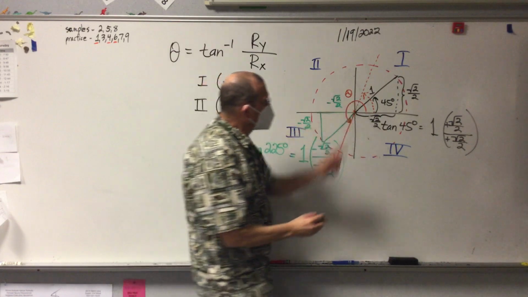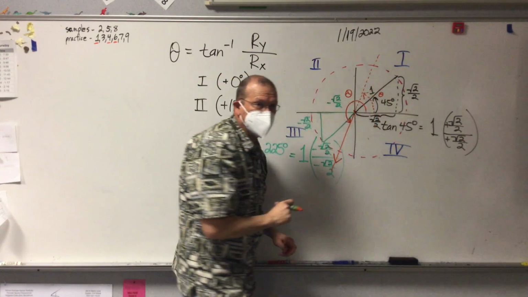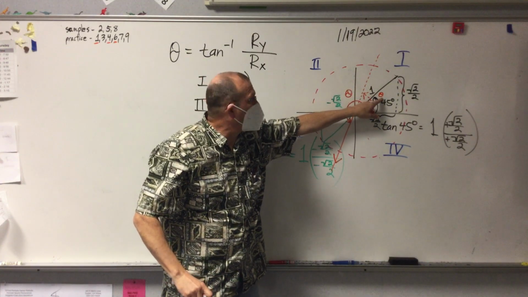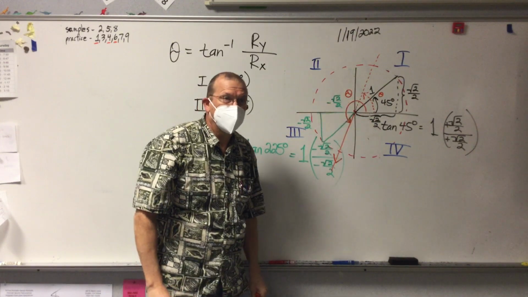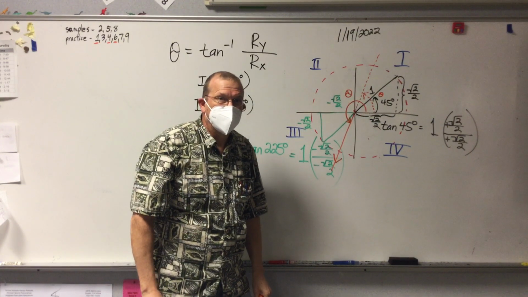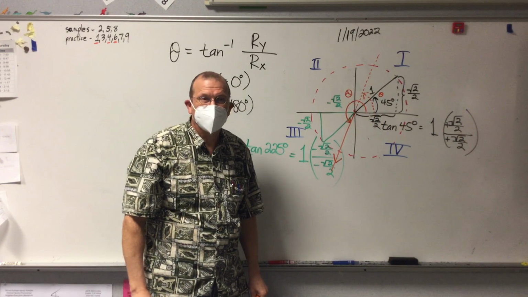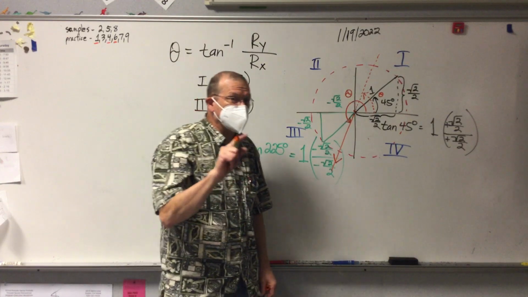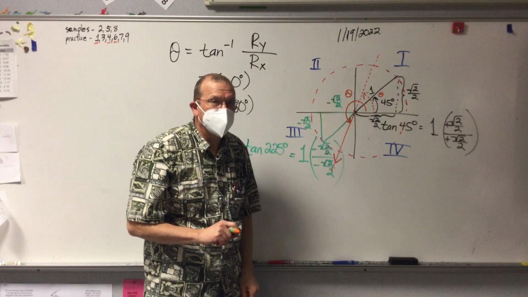So what would you need to do with this version to get this complete angle? You could subtract 360, but there's an easier thing since it's already giving you this negative number.